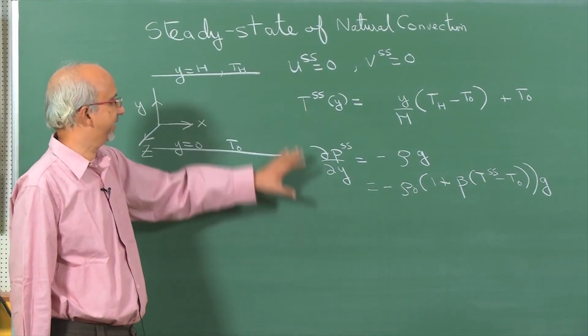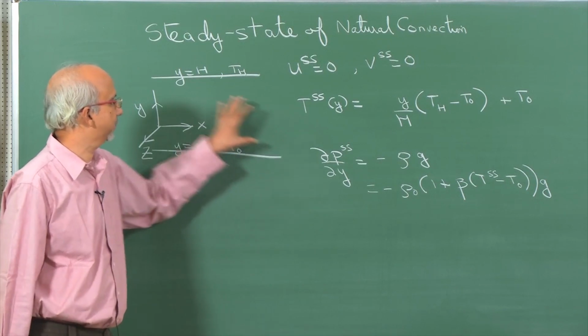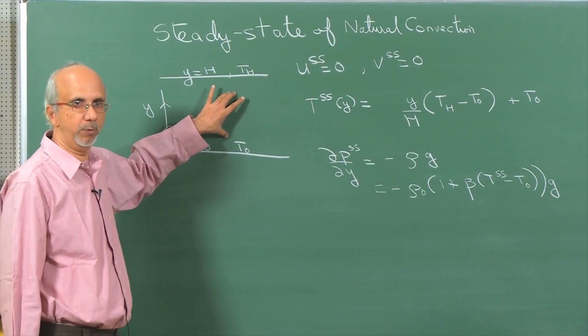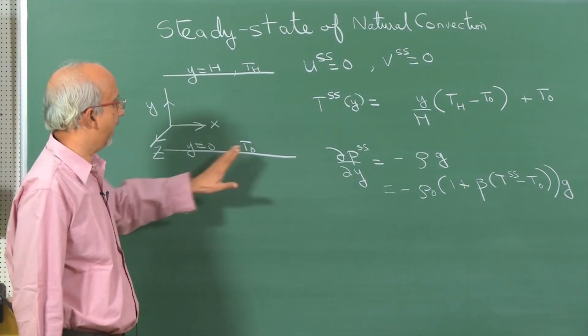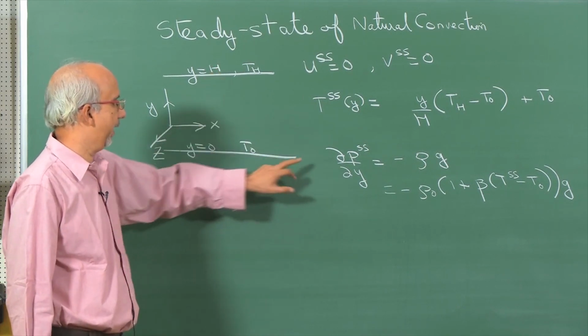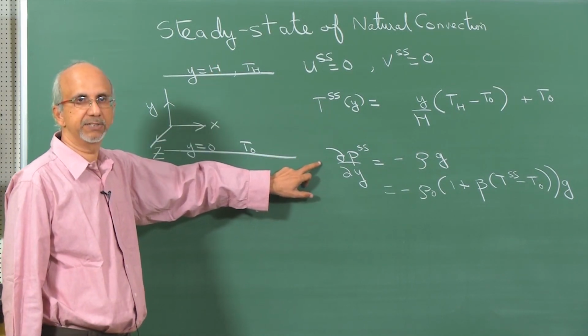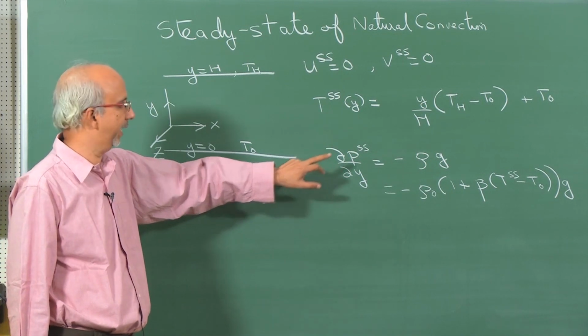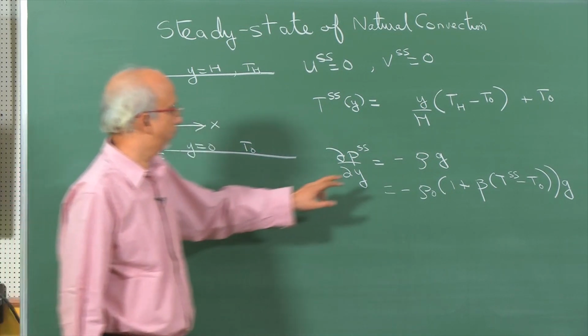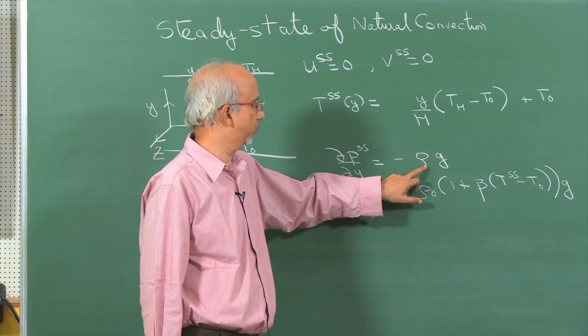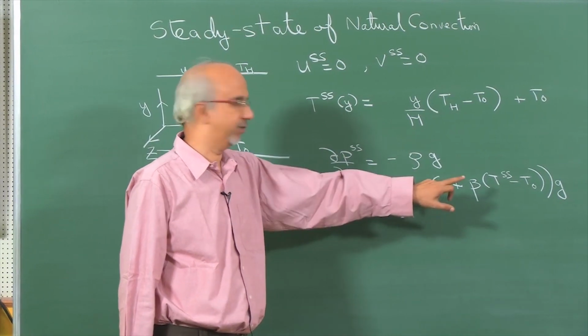We had derived the steady state equations, and this corresponds to a fluid which is stationary, with a linear temperature profile, and a pressure head which is basically hydrostatic. Only thing is, we have taken into account the fact that the density is a function of temperature.